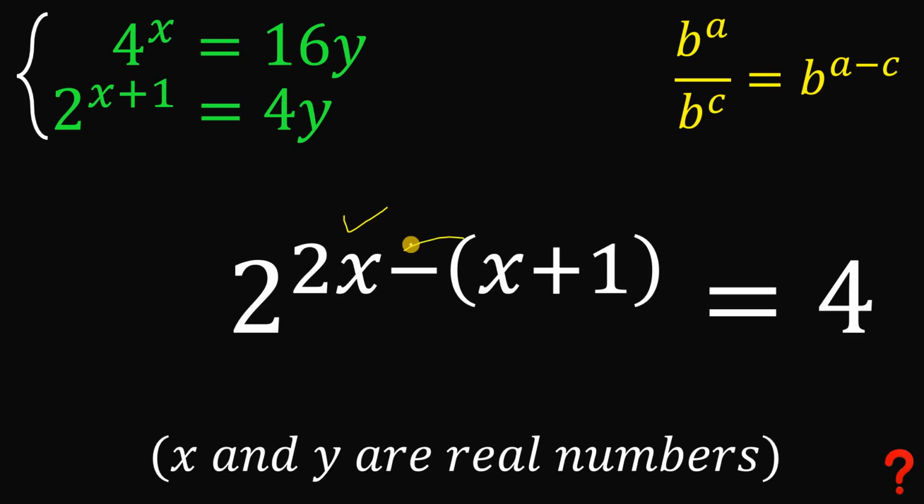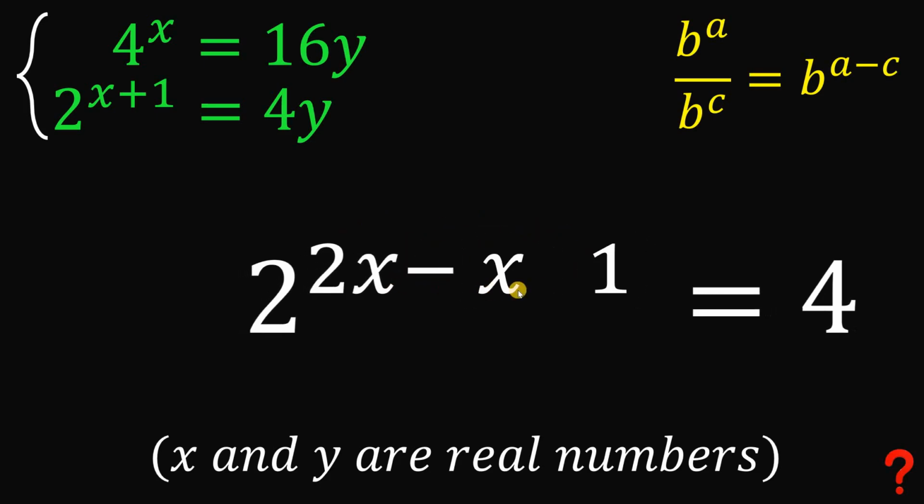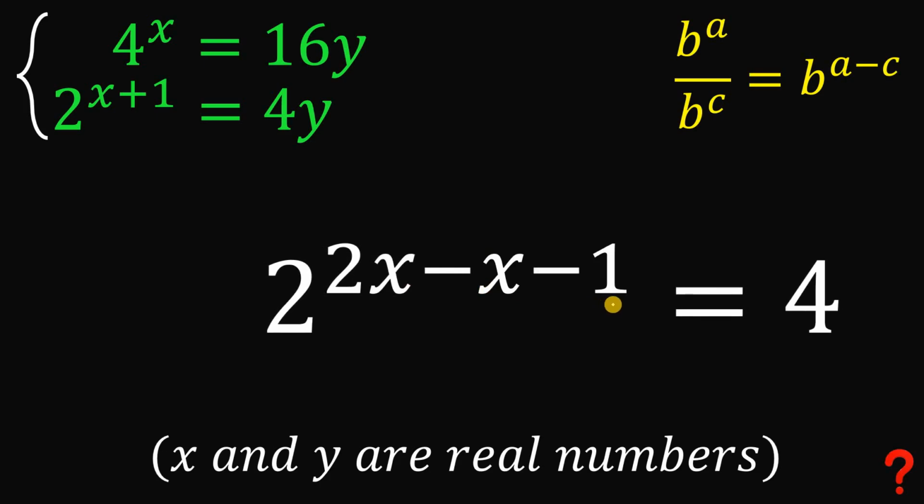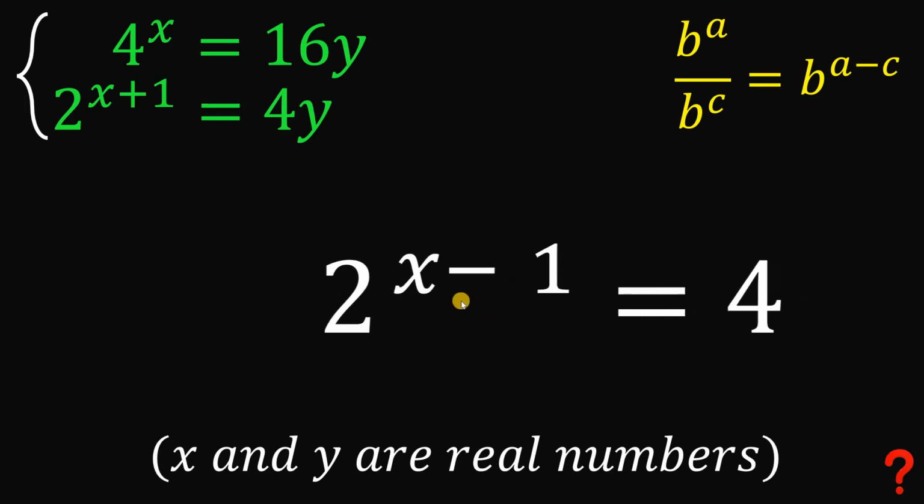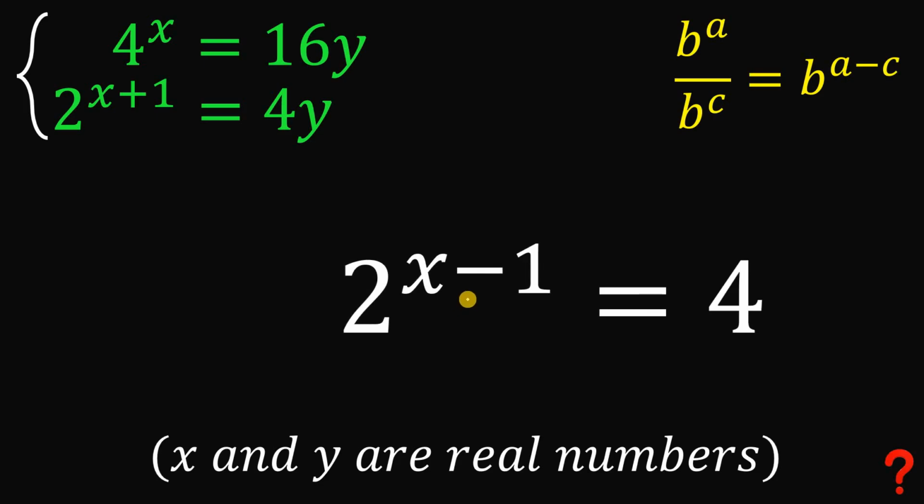Now, if we distribute this negative sign to x plus 1, this will give us 2x minus x minus 1. Now, we can combine like terms, because 2x minus x gives us x, and we can copy negative 1.